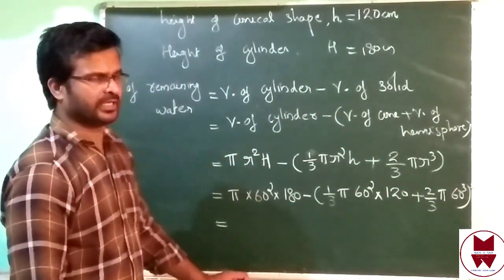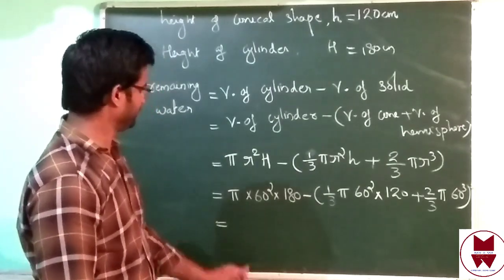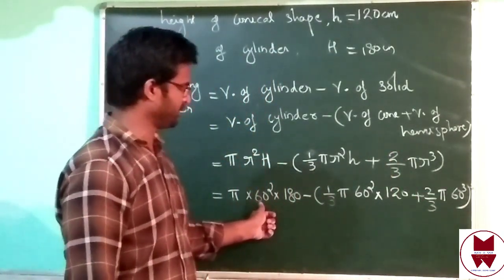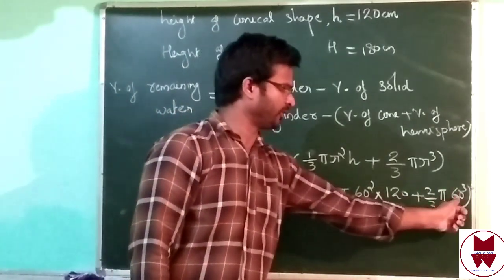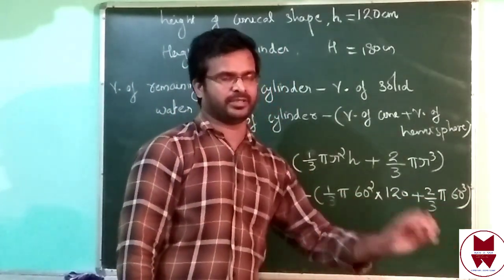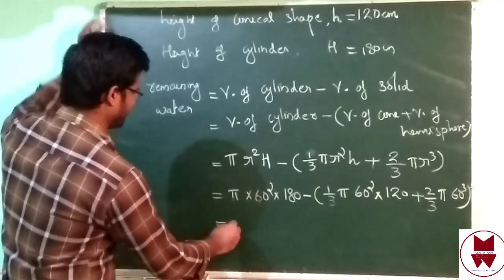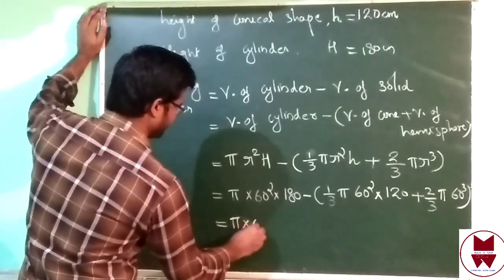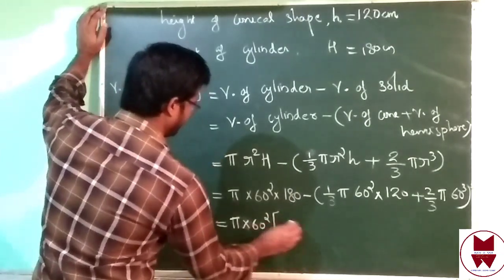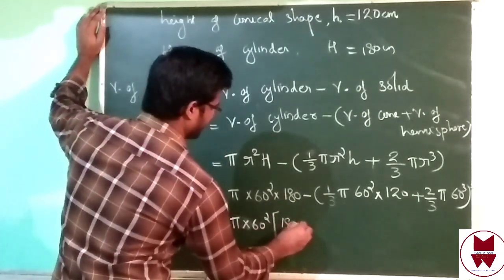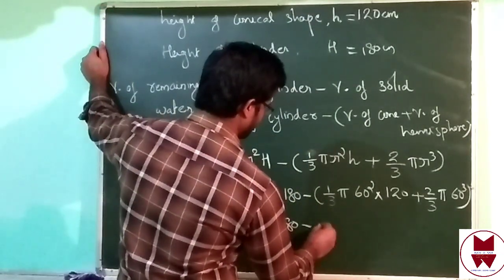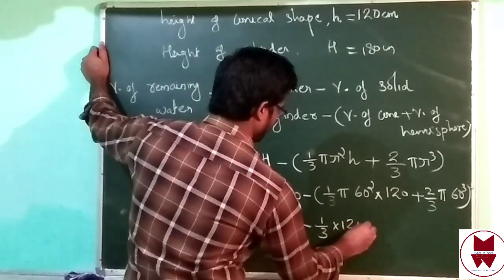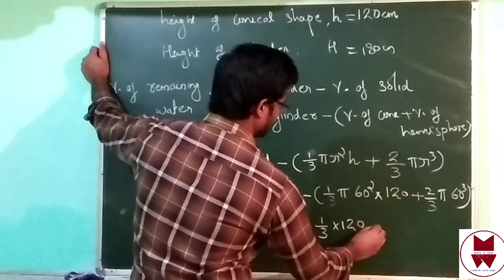From here, can you take anything common outside? Pi, pi, pi. Then anything? 60 square, 60 square, in here also 60 square, isn't it? That means pi into 60 square take outside. Then remaining 180 minus, this minus give inside, minus 1 by 3 into 120. Then minus into plus, that will be minus.